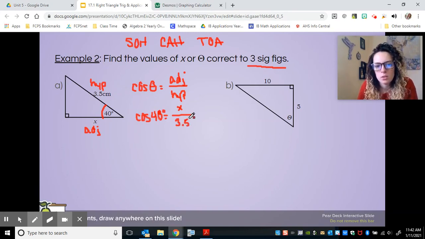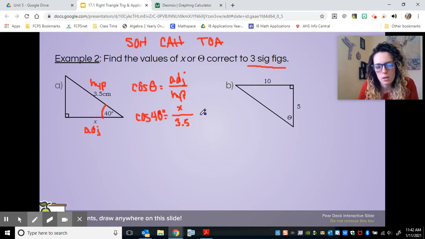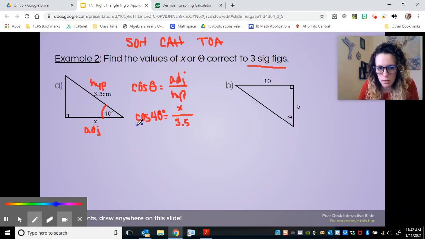So I usually suggest to isolate the variable first and then go to your calculator, just so you don't round prematurely. So in this case, what that means is if I'm looking for x, I could either multiply both sides by 3.5 to eliminate the 3.5 from the denominator, or no matter where the variable is, you can always set up a ratio and cross multiply.